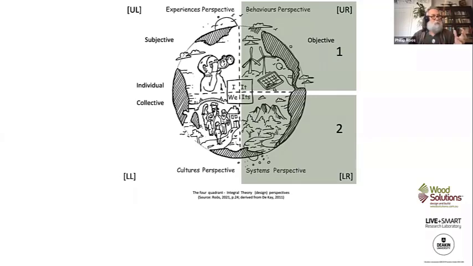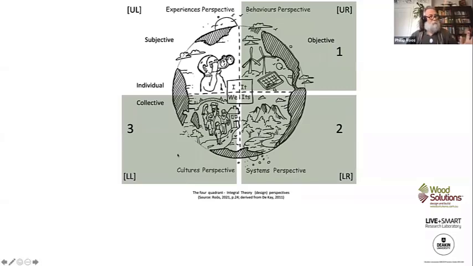For example, in that little diagram, it's the trees and the mountains, the whole natural system or other systems collectively. Then the third one is on the left-hand side, the culture perspective. How do we see this from a global society context? And then the last one, our fourth quadrant, is the subjective experience from I. It's me as a person.